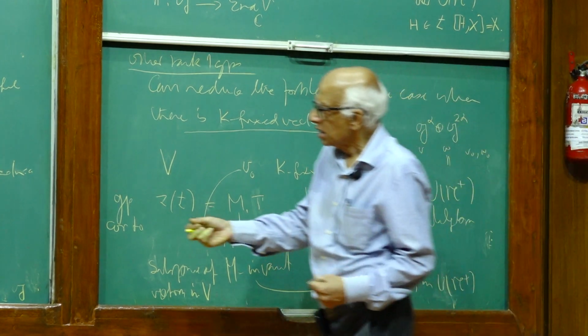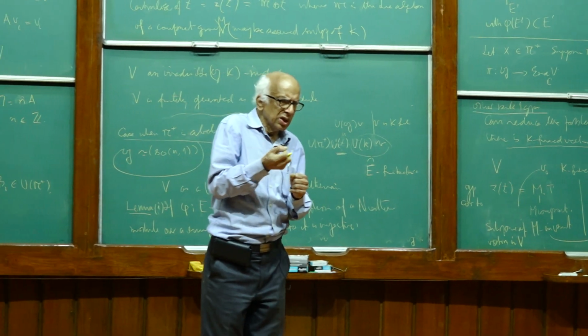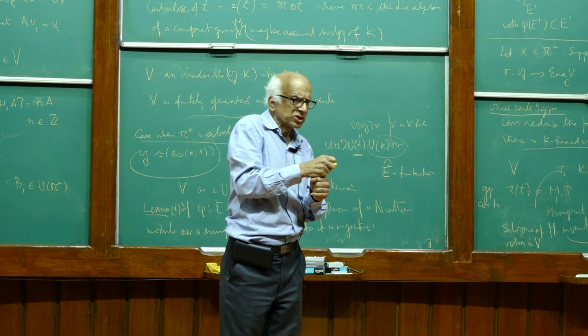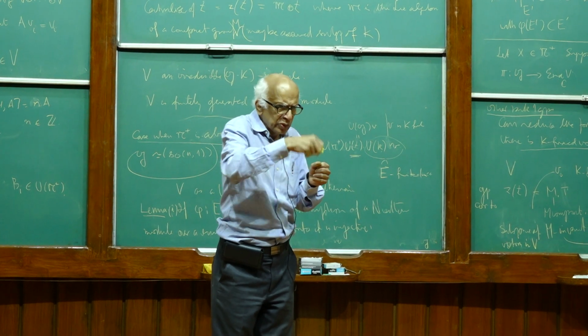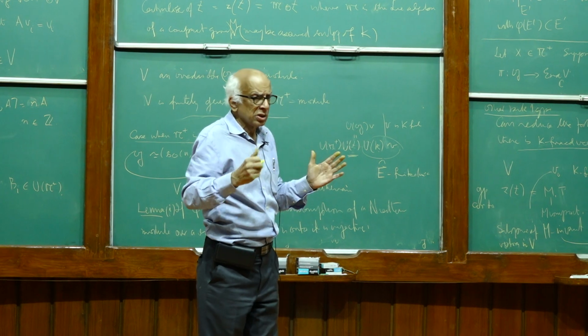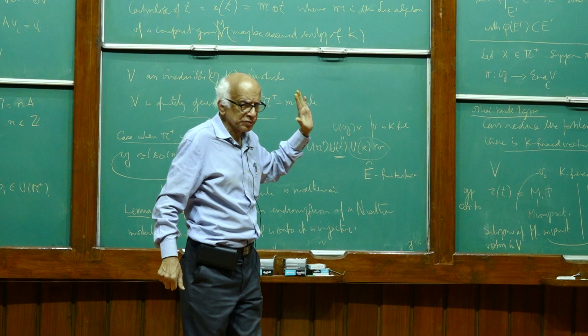You take a finite number of generators, and any vector of this you can get as a transform by U1 plus of one of a finite number of vectors, and then average the element over K, and you will get what you want.